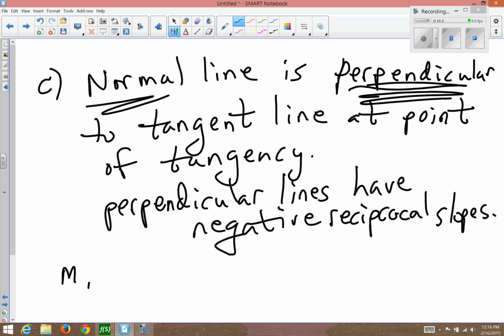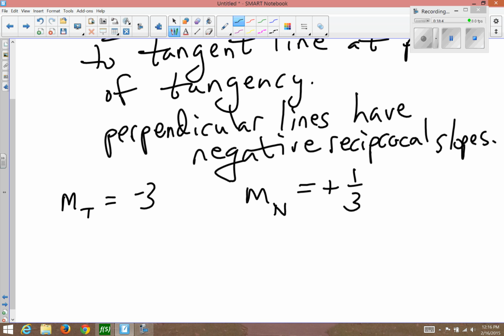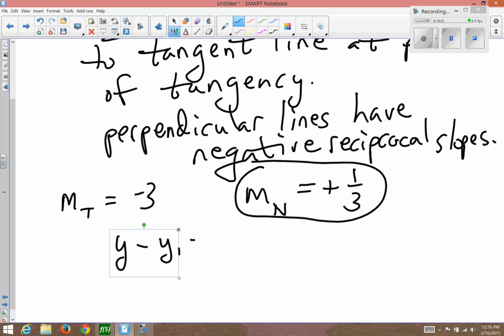If the slope of the tangent line is negative 3, as we found in part A, the slope of the normal line is the negative reciprocal, meaning it will have the opposite sign and reciprocal. So the equation of the normal, this is the slope, the equation is y minus y1 equals m times x minus x1, where this time for the slope we use 1/3.